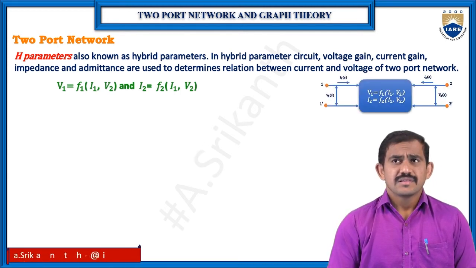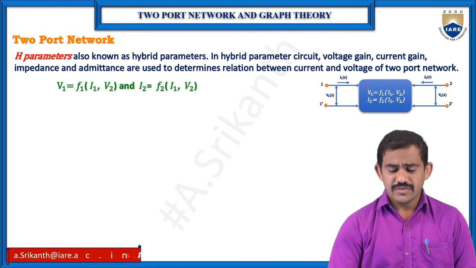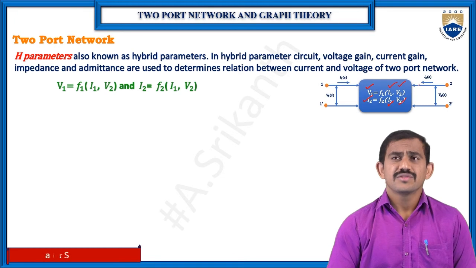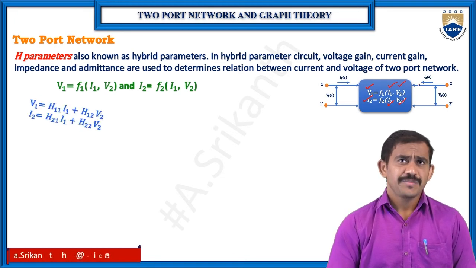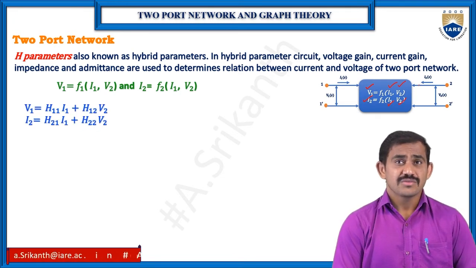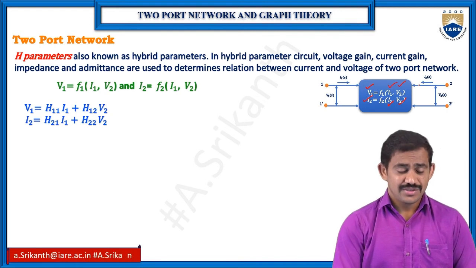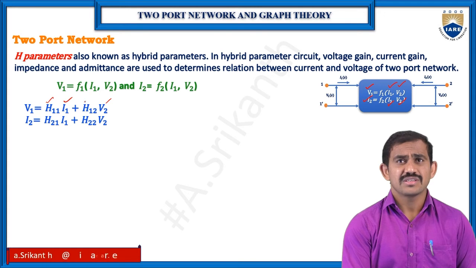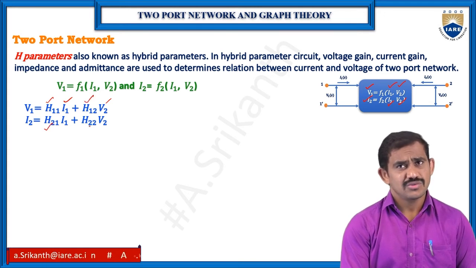So in a two-port network, V1 and I2 in form of I1 and V2. Now your equation is V1 and I2 in form of I1 and V2: H11, H12, H21, H22.